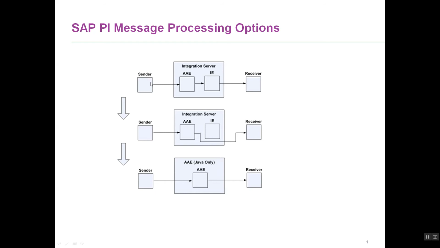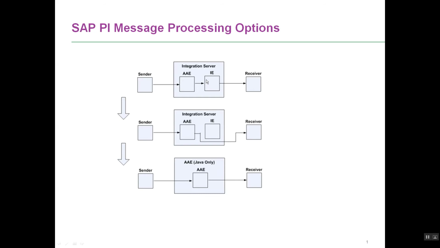What do we mean by that? Our sender adapter would pick up the message. The sender adapter runs on the advanced adapter engine, so the file adapter, the Java IDOC adapter, the SOAP adapter, the HTTP adapter, all of them were running on the adapter engine. The message would be picked up by the adapter engine, and then forwarded to the integration engine, which in turn would execute the pipeline of PI.